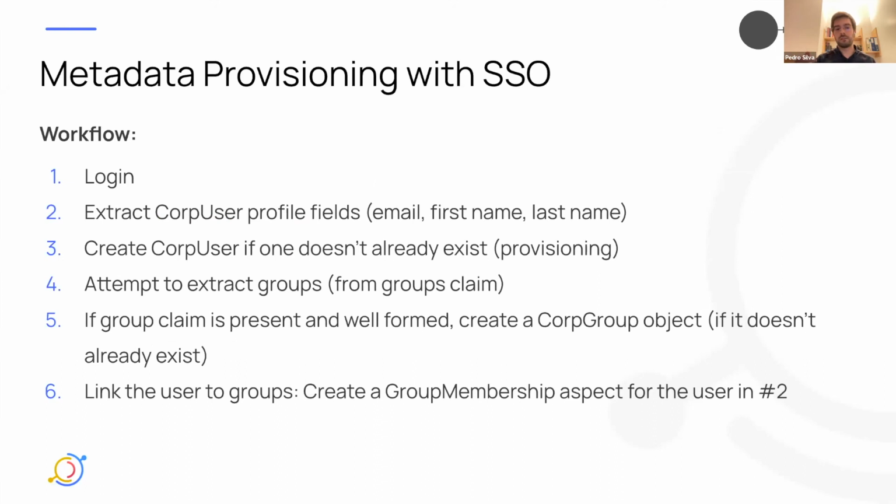If they exist and are well-formed, we create a corporate group object. Again, we add it if it does not exist. And then the final step is to create a group membership aspect to connect the created user to the groups that we have. So this is how ingestion at a first step, or the first ingestion with SSO, happens.